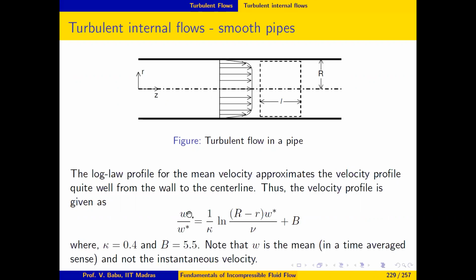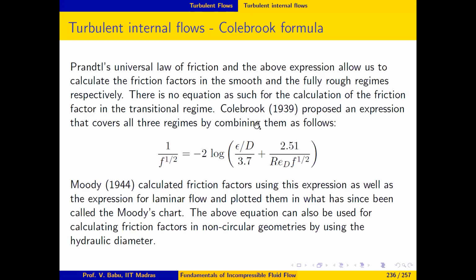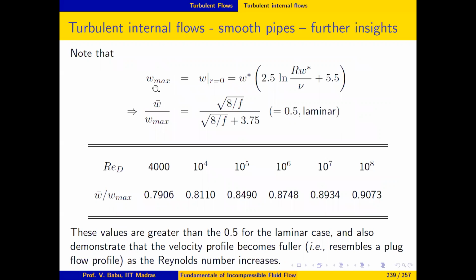So we start by calculating the maximum velocity in the pipe, which occurs at the center line, r equal to 0. If you substitute r equal to 0 in the log law profile, this is what we get.